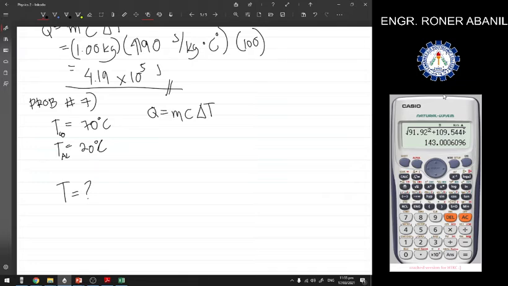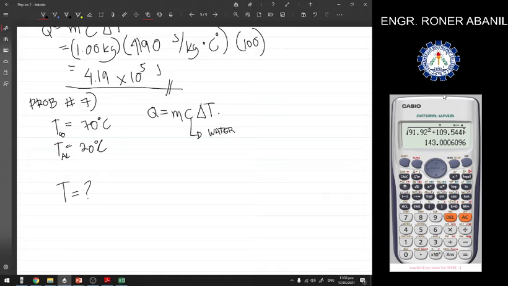Dito, yung C natin ay yung sa water. Yung T0 of coffee is 70, aluminum 20.